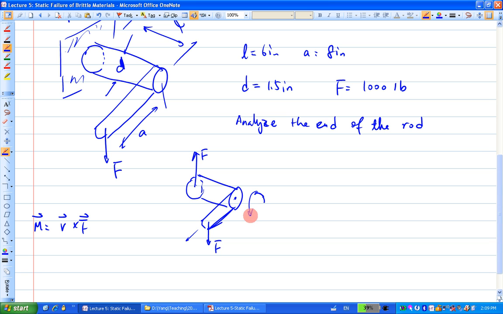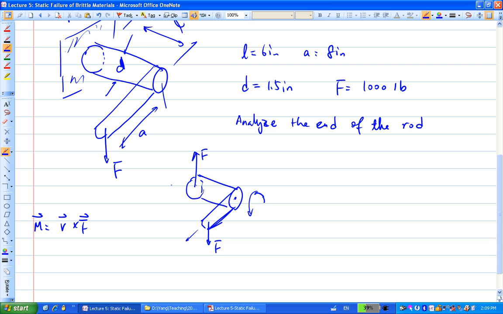But we don't call this a moment, because this one is concentric with the axis of this cylinder, right? So what we call this is a torque. The F will generate a torque in this direction, along this rod. In other words, the wall has to generate a torque to resist that torque.